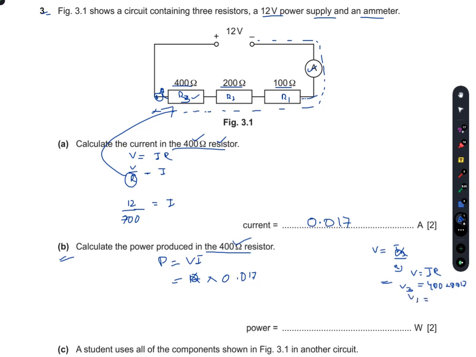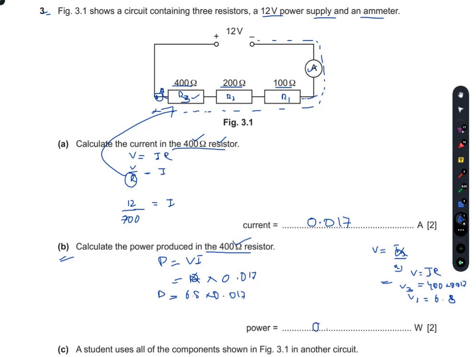So V3 would be equal to 6.8 something. We call this 6.8, and then I multiply 6.8 with 0.017 to get the power. So you will get 0.015115.